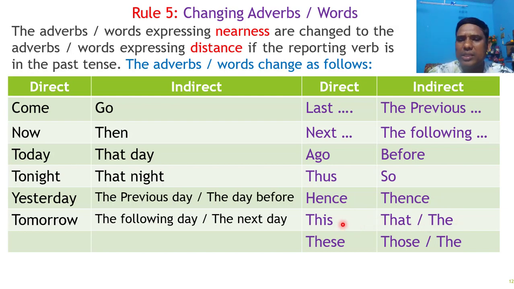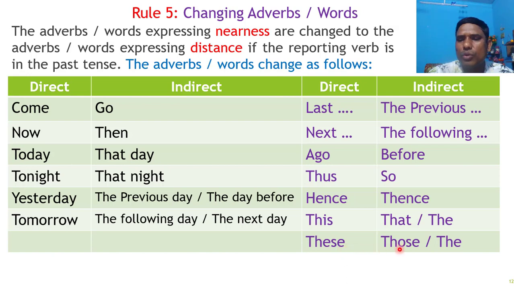When the word this is used as an adjective, it becomes the. For example, this book, the book. But if the noun used after the word this indicates time, the word this becomes that. For example, this morning, that morning.